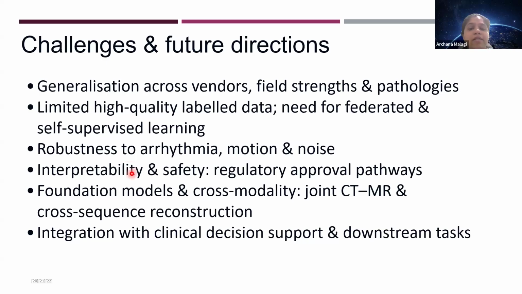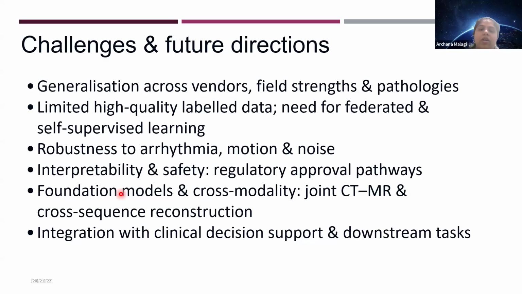And another is regulatory. For example, in the US, you need to get FDA approval for any software-based tool, like AI. You need to undergo the regulatory process to be used in the clinical domain.